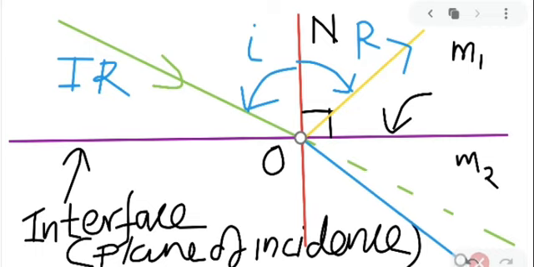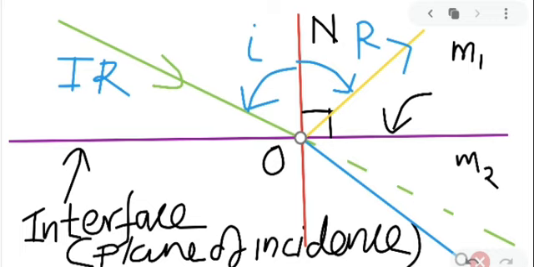To understand towards which direction it will move, we will have to understand a new physical quantity, which goes by the name of refractive index.